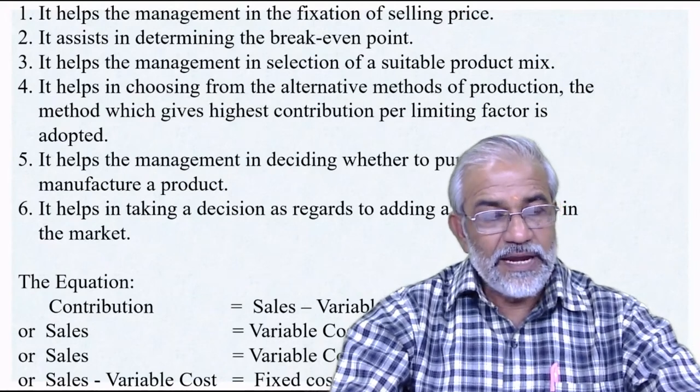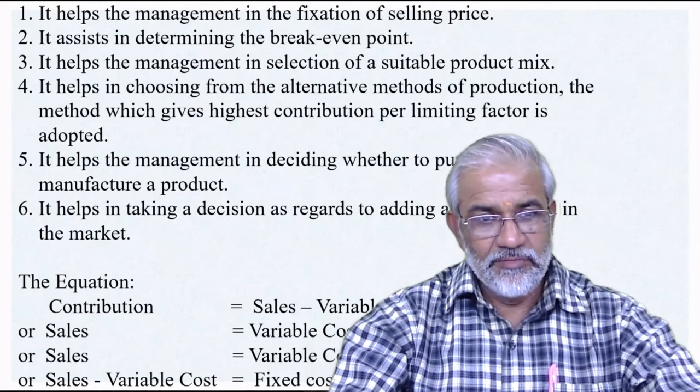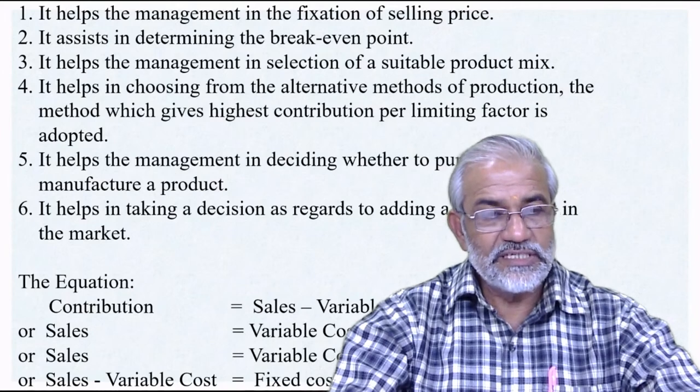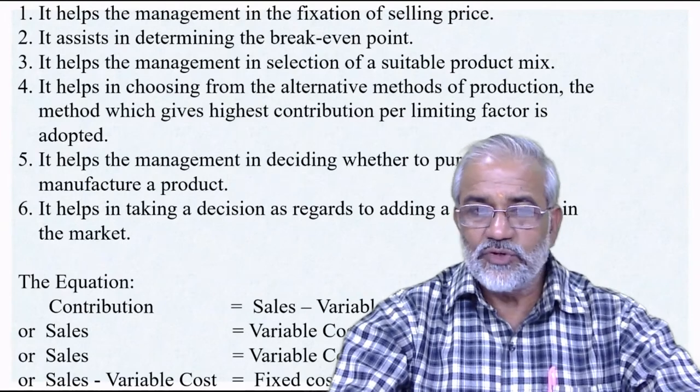When the cabinet is prepared in our own factory, by taking the volume of marginal cost into consideration, we came to a conclusion that its cost in our unit is 1,000 rupees.